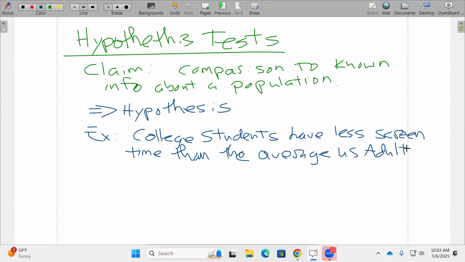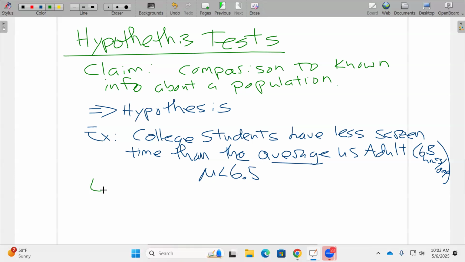So the hypothesis related to that in symbols, since I'm using an average, population average is the symbol mu. And then is less than something I would have to look up or be given. We were given that it was 6.5 hours per day. So this hypothesis could be stated as mu is less than 6.5.